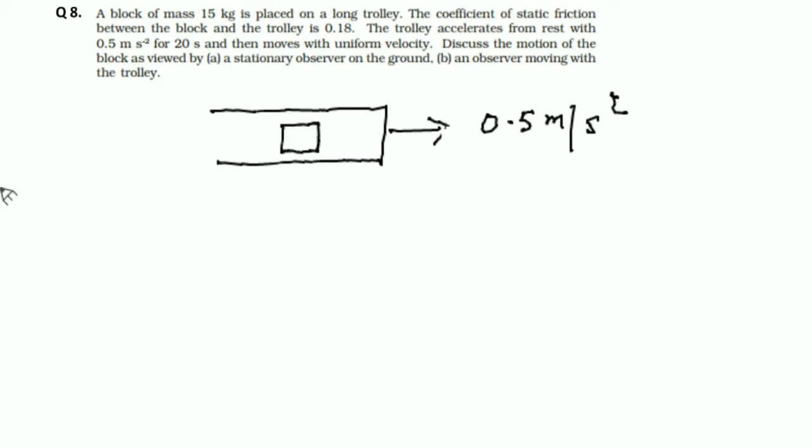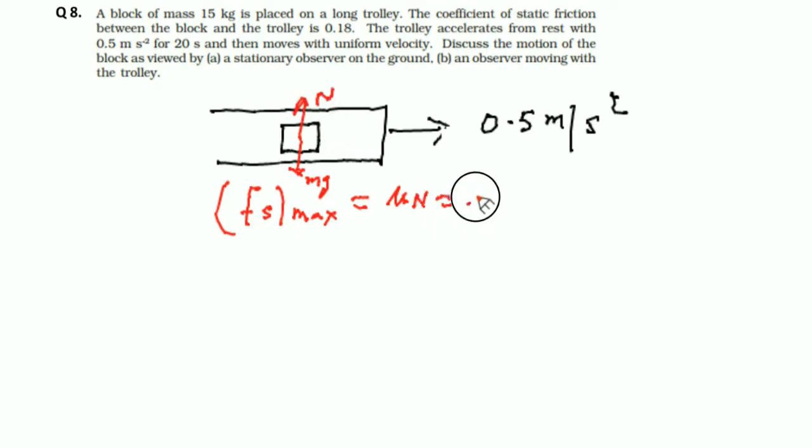Let's find out whether the block will move or not, because that depends on the friction force. So let's calculate the friction force. The maximum static friction force between the block and trolley will be mu into N, where N is mg, the normal reaction force in the upward direction.